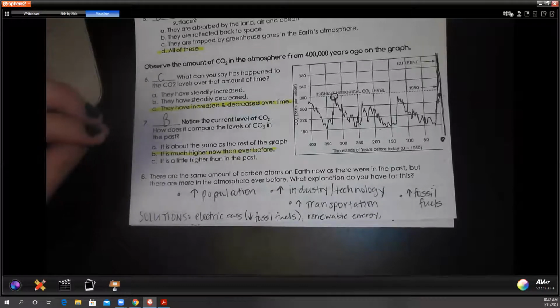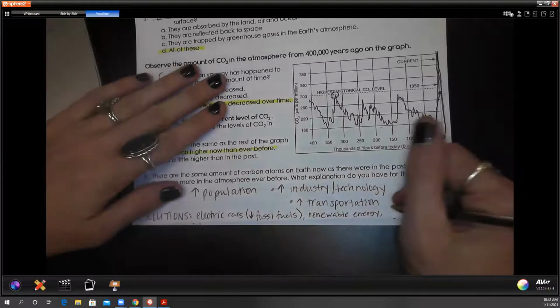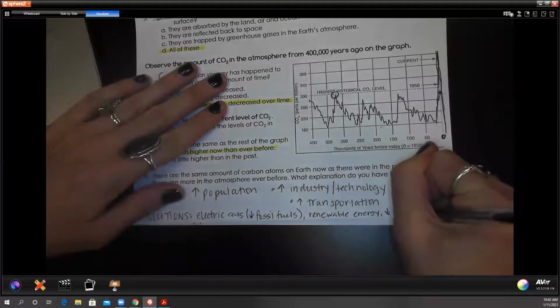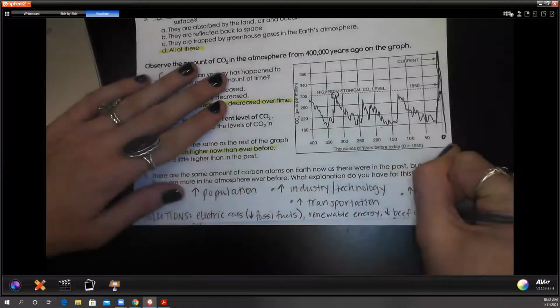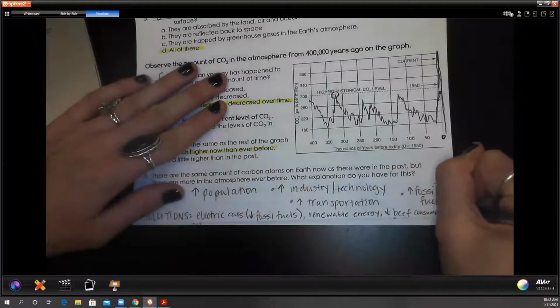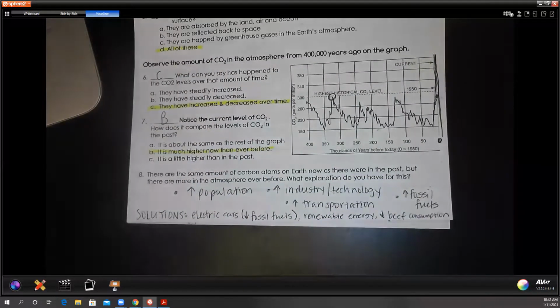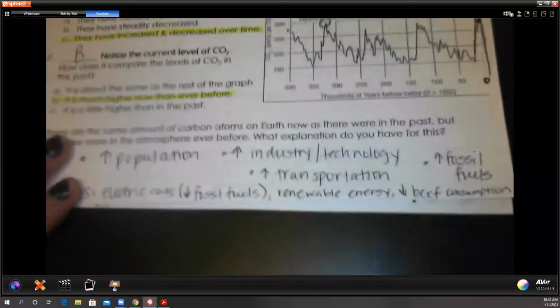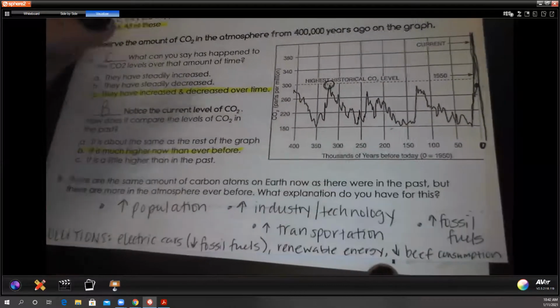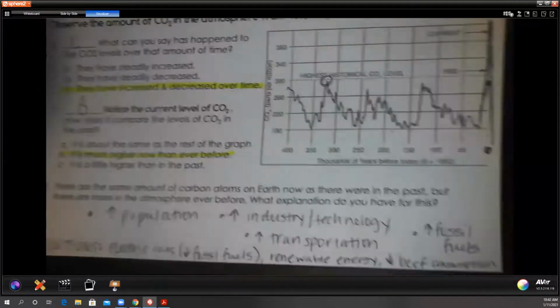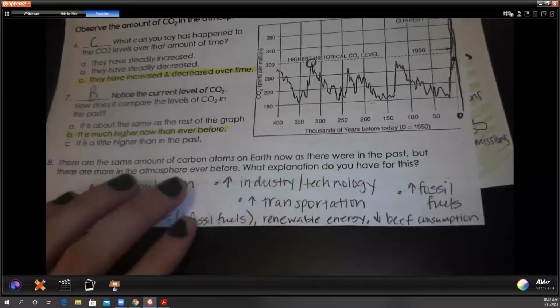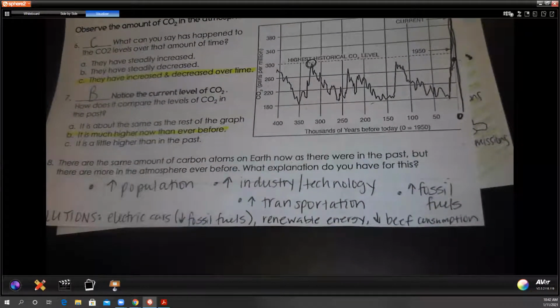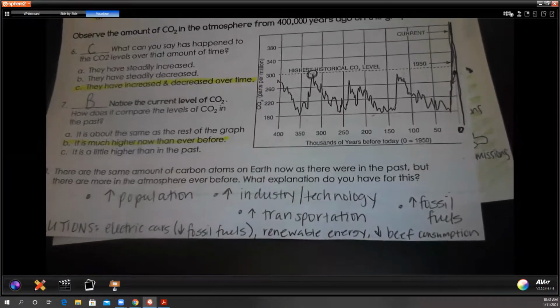So I'm going to say reduce beef consumption. If we reduce beef consumption, it can help reduce the amount of farmland that we need, which would make it so that there are more trees to absorb carbon dioxide, right? And it would reduce the amount of methane in the atmosphere.